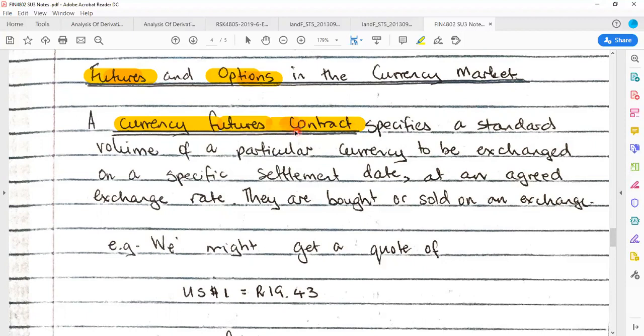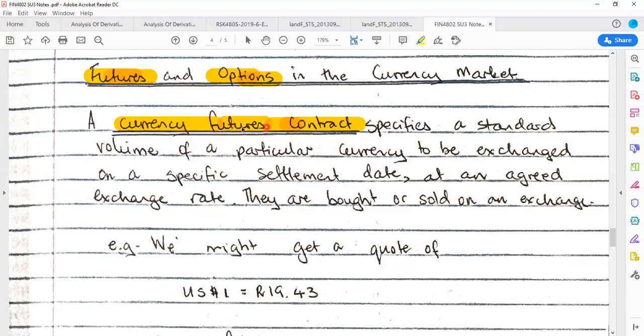In which case, one party will agree that come 3 months when you've received the 1 million, they will be guaranteed to buy those US dollars from you at a price you agree today, meaning you won't have to worry about whether the US dollar has lost value against the rand, because you have a contract in which you have a specified agreement with someone for a specified amount, which is not affected by whatever is going on in the market.